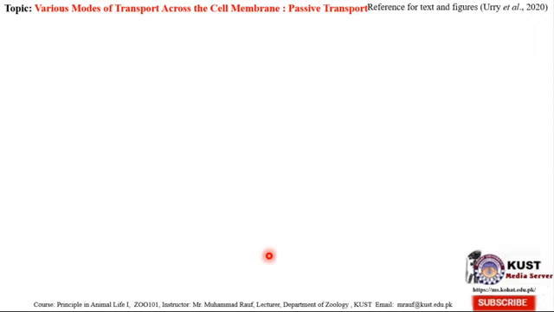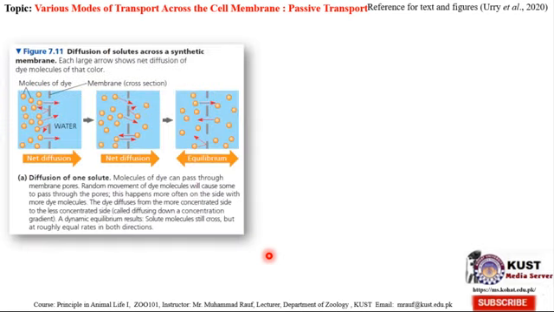So now here we will discuss these two diagrams. The first one is the diffusion of solute across a synthetic membrane. So this is a synthetic membrane, you can say a semi-permeable membrane, and the molecules of dye are in large concentration on one side of this membrane.